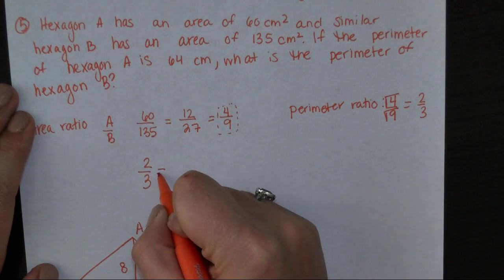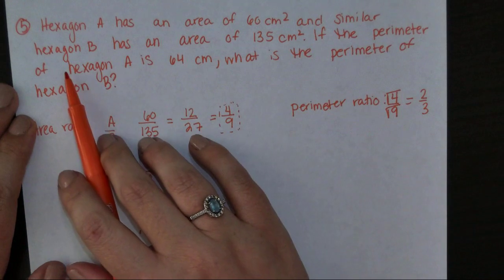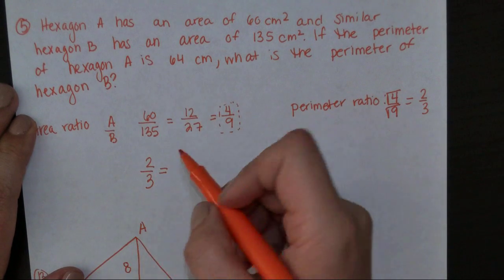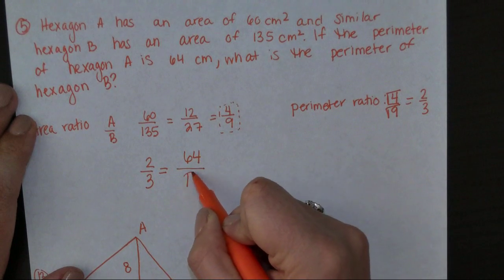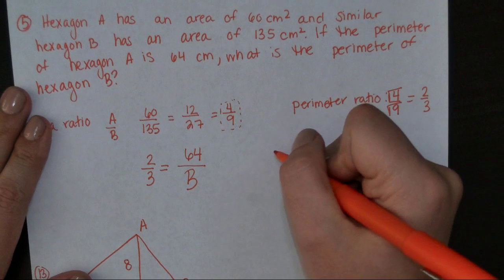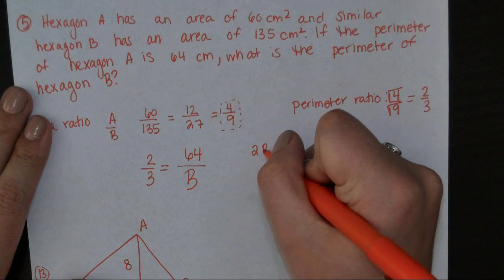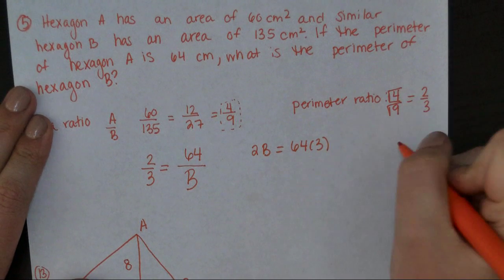2 to 3 equals, okay, so we have our perimeter of hexagon A, that's going to go in the numerator, and I'm just going to put a B there for the perimeter of hexagon B. So now we're just cross multiplying. 2B equals 64 times 3.